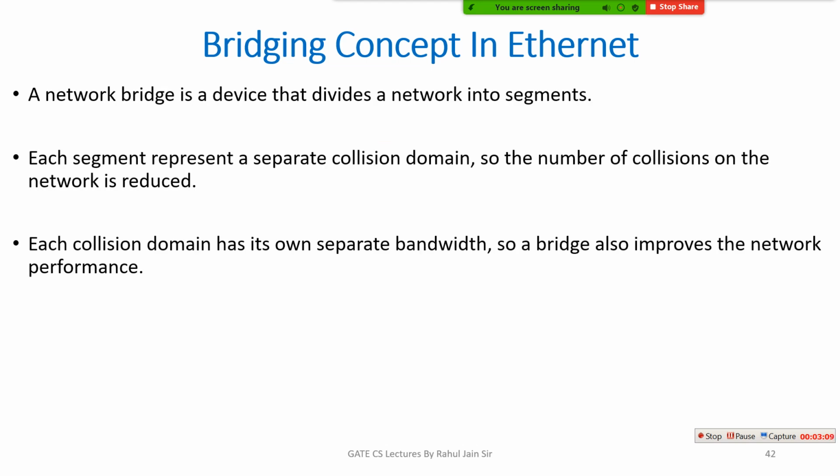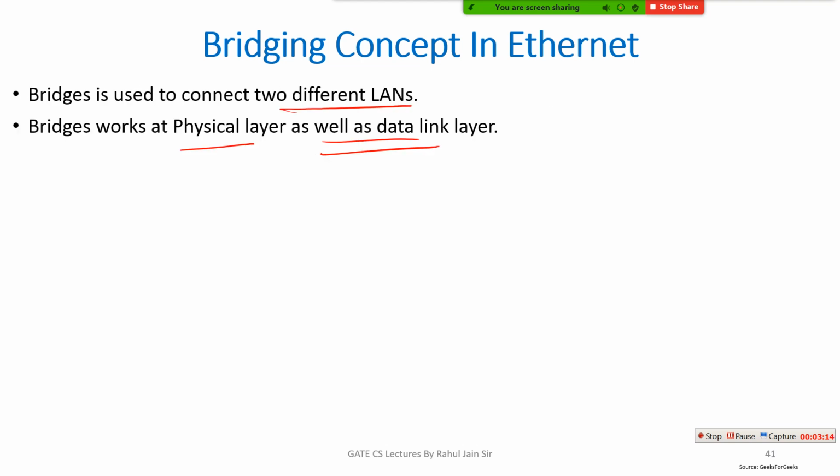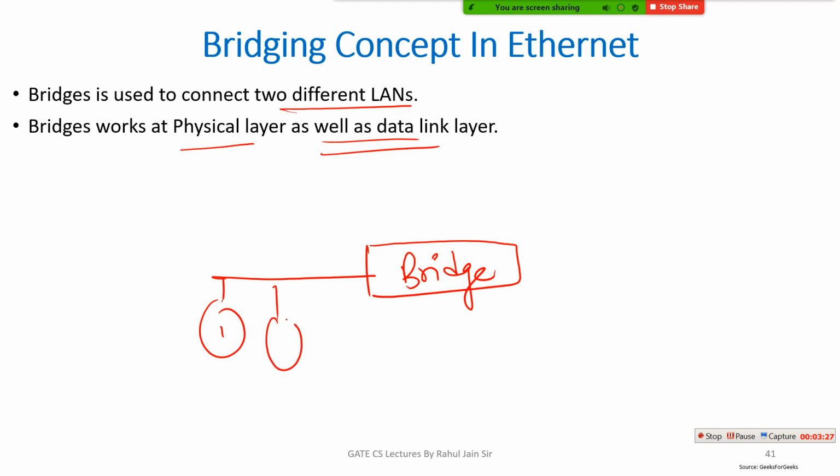Now you can note, guys, suppose I have a bridge here, and this bridge is connected to four stations on the left side, suppose 1, 2, 3, 4.